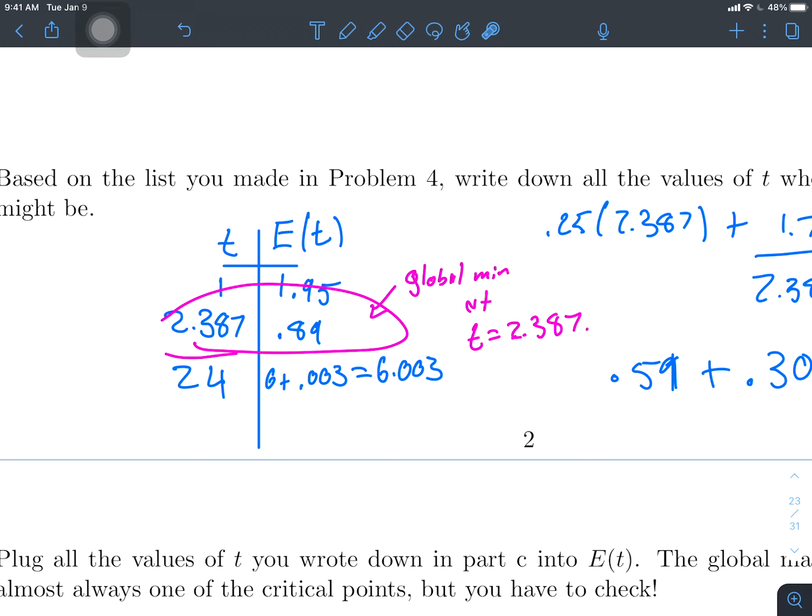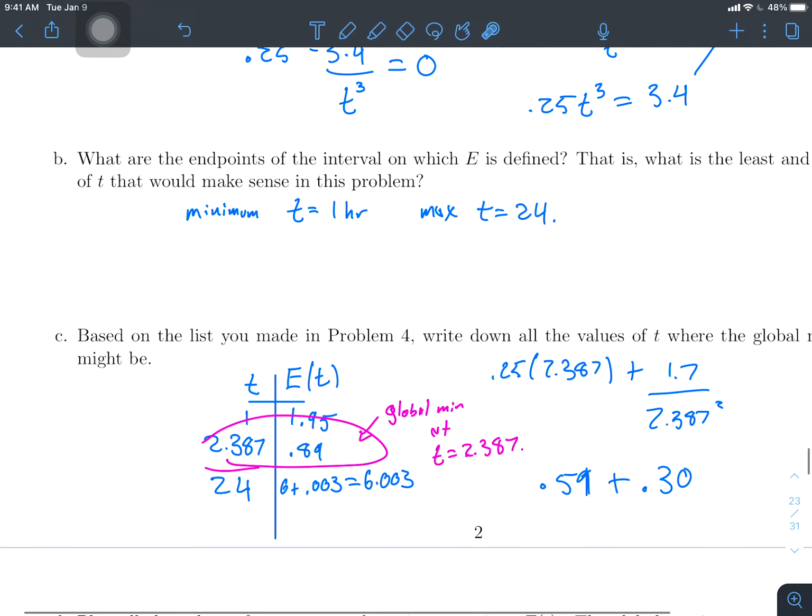Well, there's no other critical point in between the smallest boundary and the... Exactly. I know that if the function has a global minimum, it will occur at either a critical point or a boundary point.